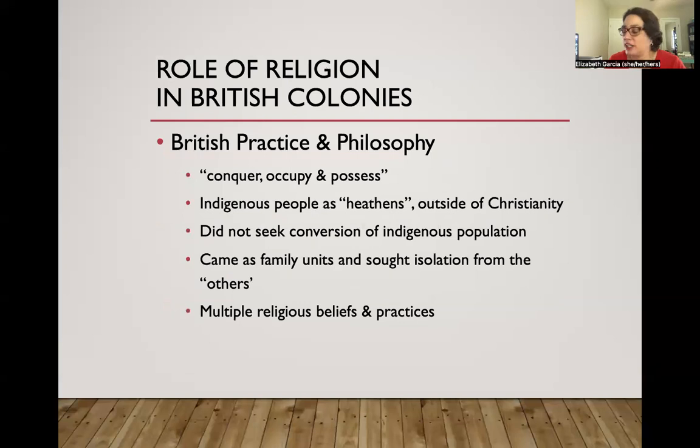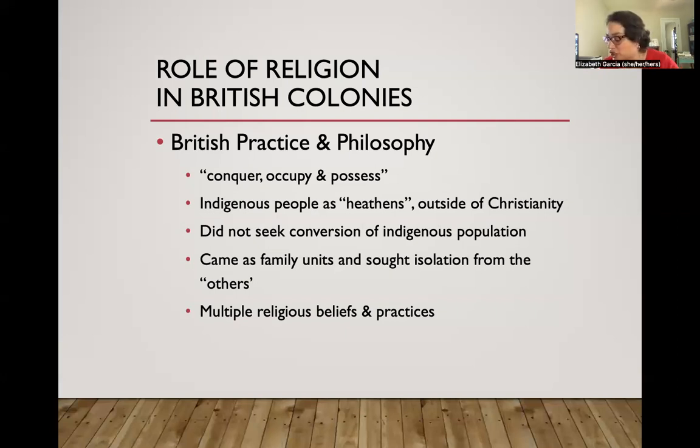Now, the first reading talks about the differences between British colonization and Spanish colonization, and understanding their different strategies and philosophies around colonizing indigenous people helps us understand some of the different attitudes around issues of race, land, and so on that are still with us today.